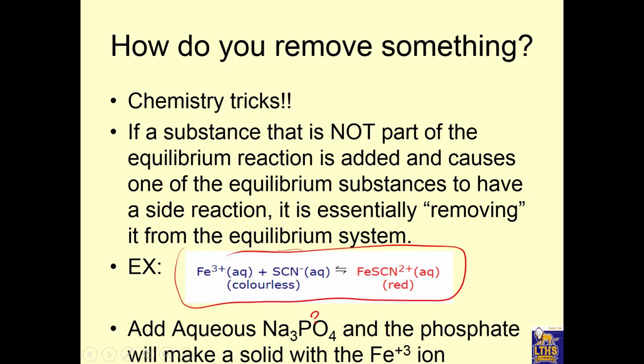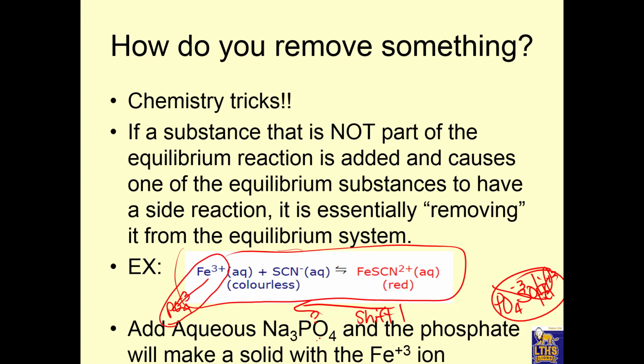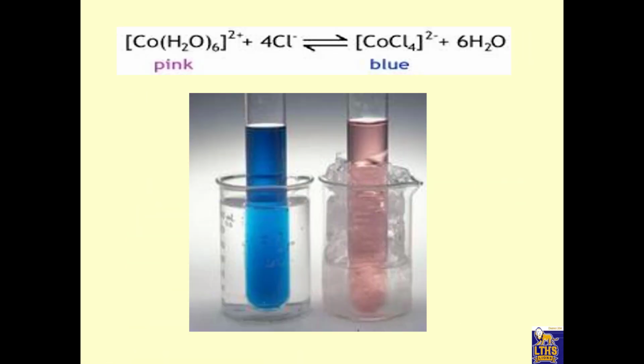Well, the phosphate ions will react with the iron ions, because we have a PO4 3- and an iron 3+, so they're going to precipitate and make a solid. The phosphate ions are like, hey, iron, come with me. So it's removing the iron from the equilibrium system, so it's going to shift left.